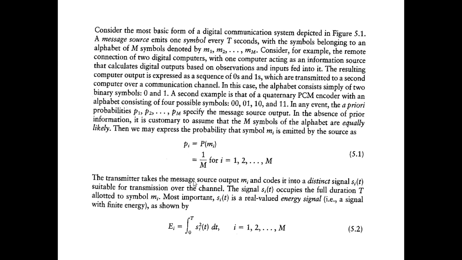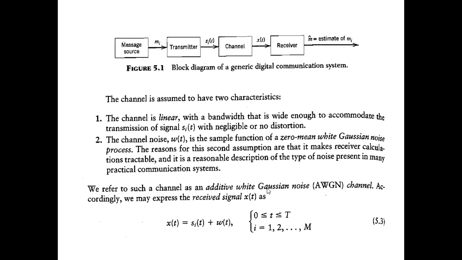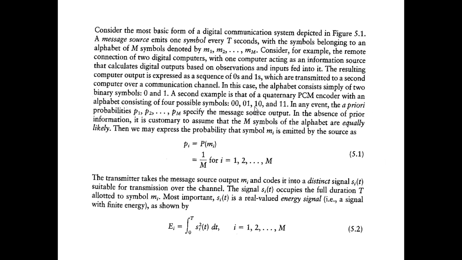Then the transmitter takes this message symbol mi and codes it into a distinct signal si(t) suitable for transmission over the channel. This is a type of modulation.